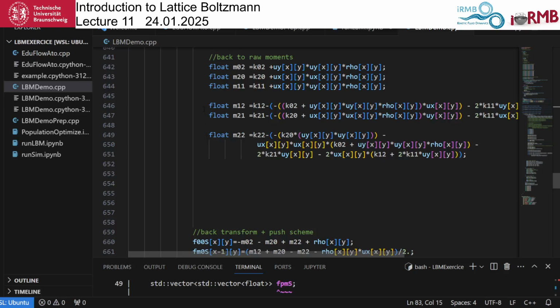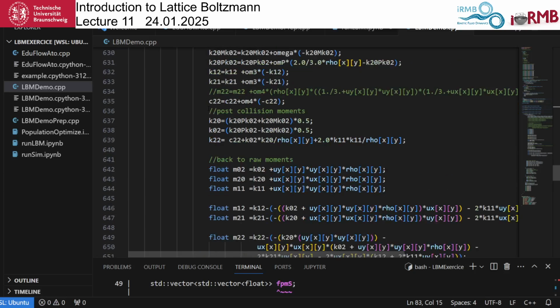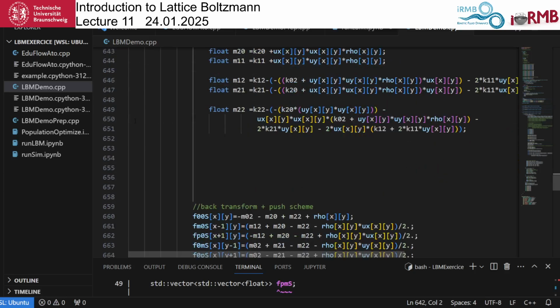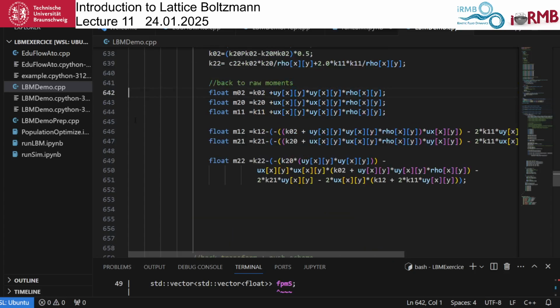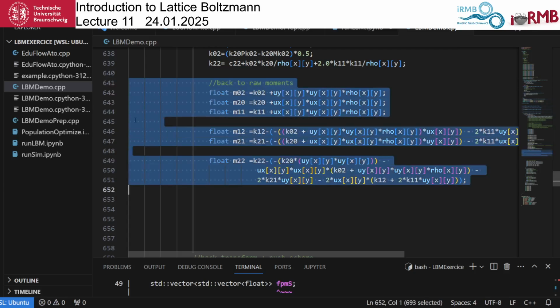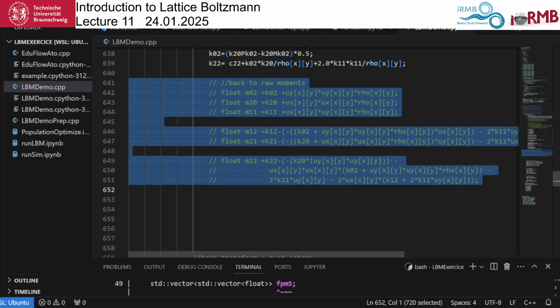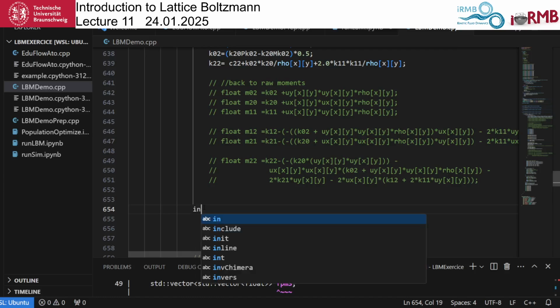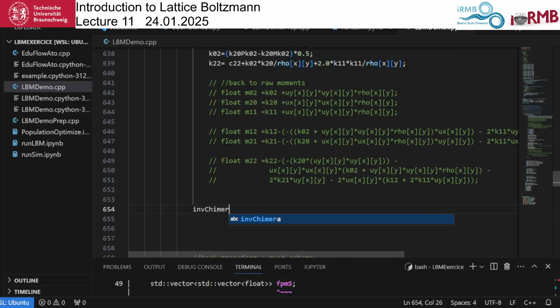Okay, now we do this here as our transform, and this is something that we are going to do no longer, right? Instead, we're doing the inverse Chimera transform.